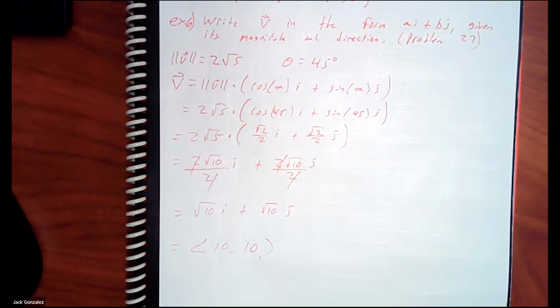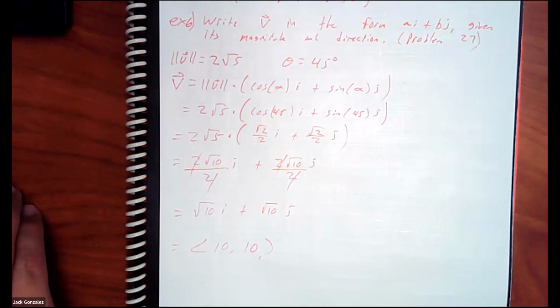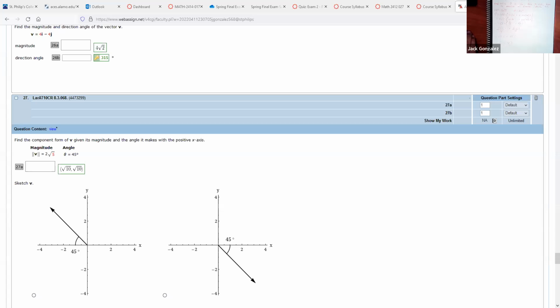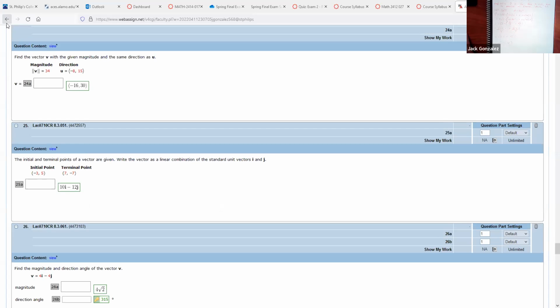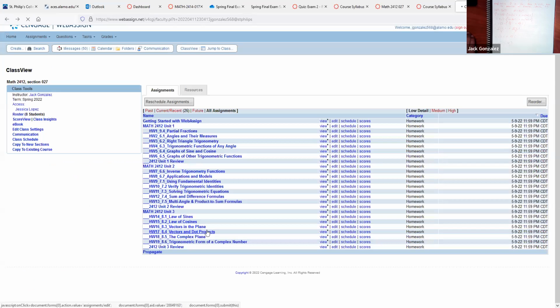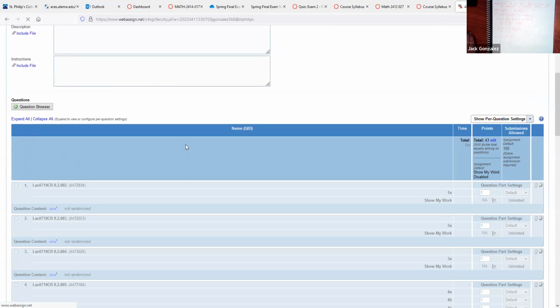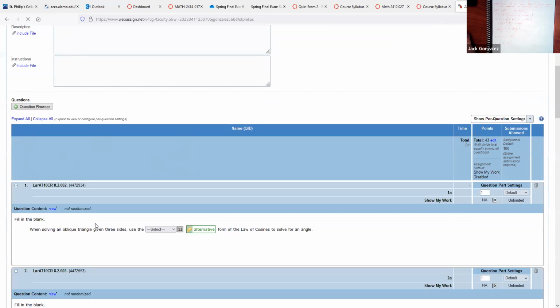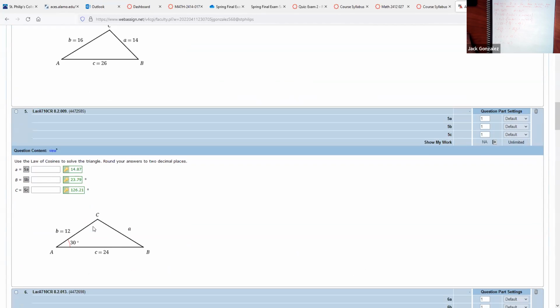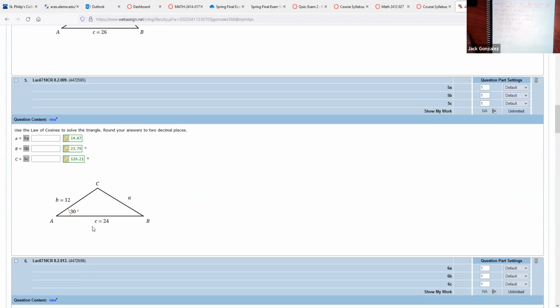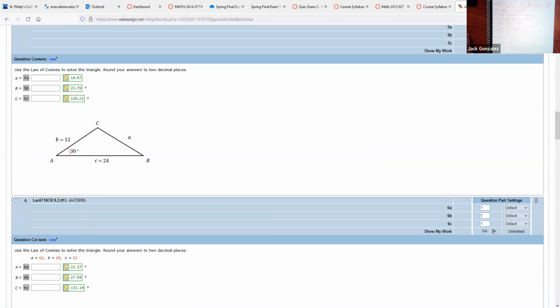So let's do some practice problems from 8.2 before you leave. Try solving number 5. And number 6.